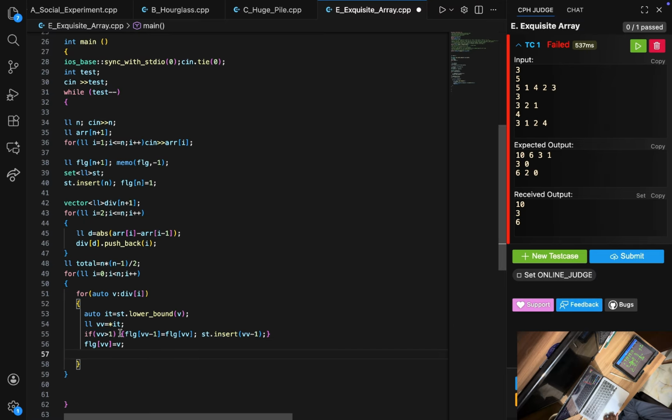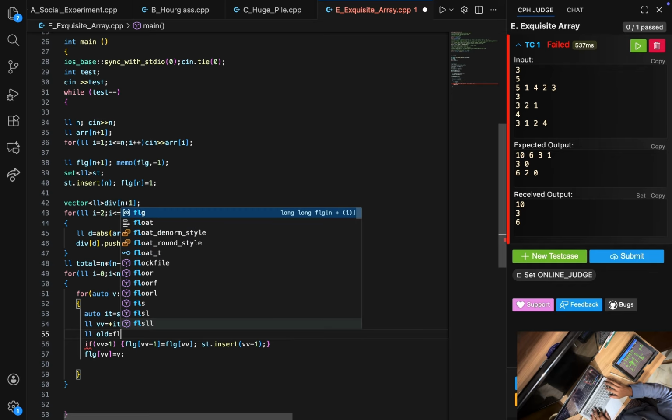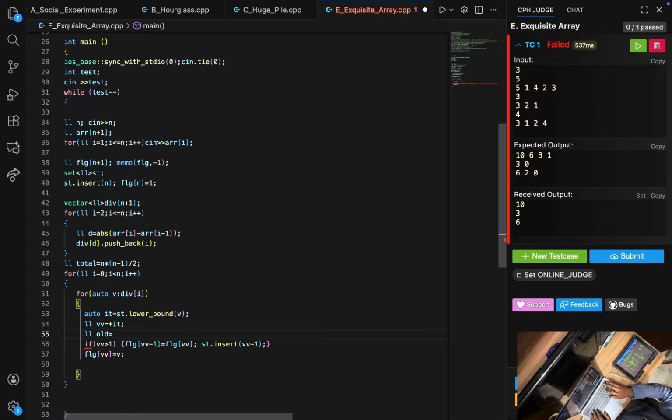For that reason, old equals vv minus flag vv.